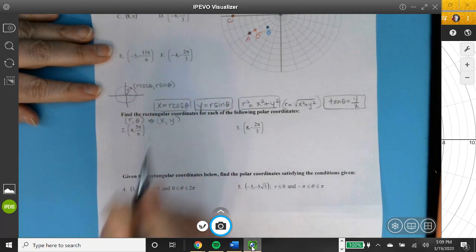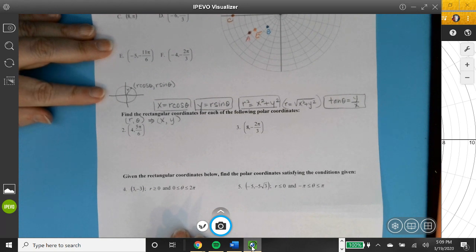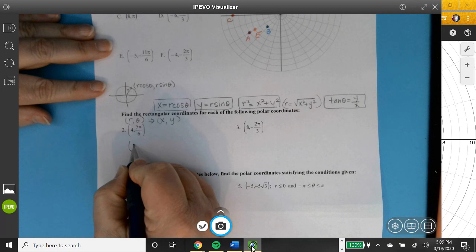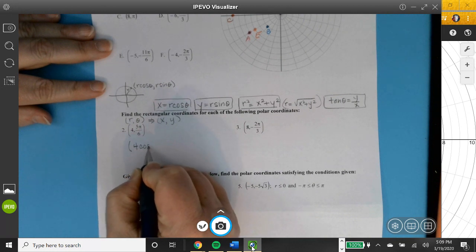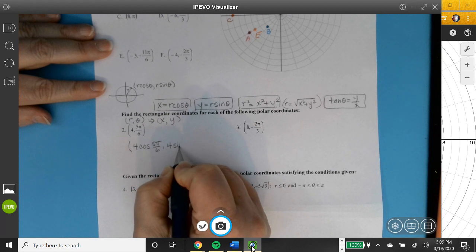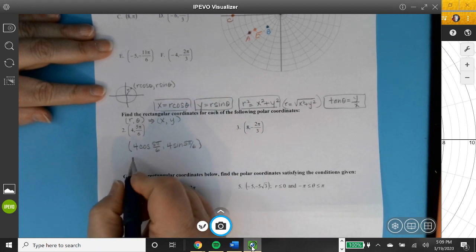So sometimes I think going from polar to rectangular is a lot easier because this is just r and that's theta. And so this is going to be 4 cosine of 5 pi over 6, 4 sine of 5 pi over 6. And no, the unit circle doesn't ever go away, so we need to know what those values are.